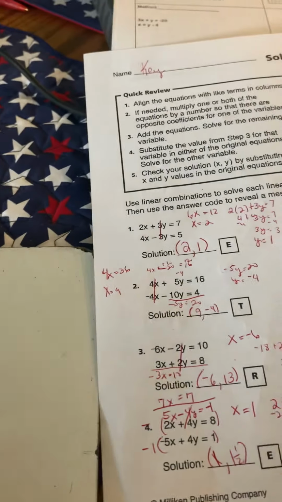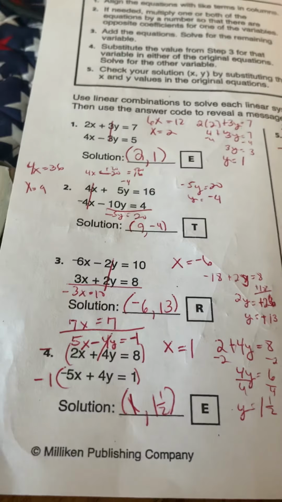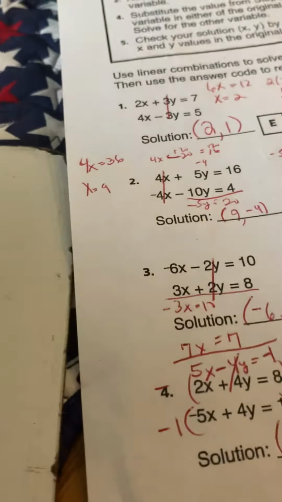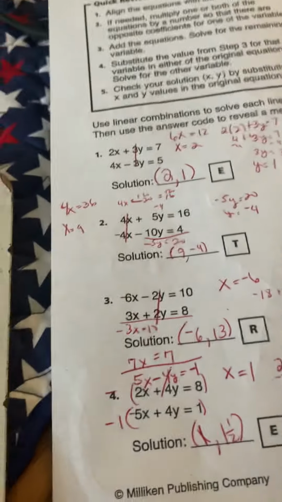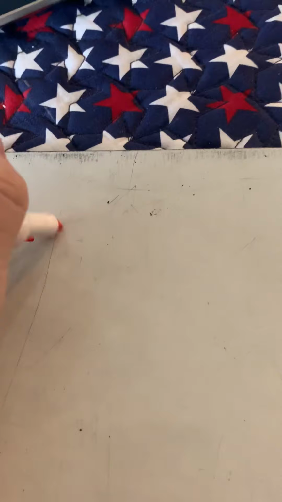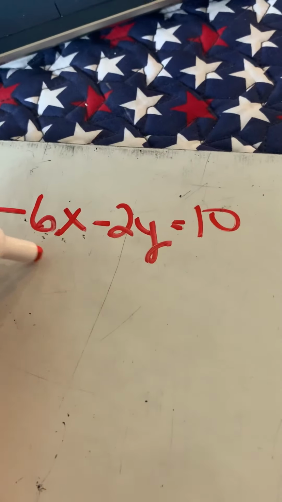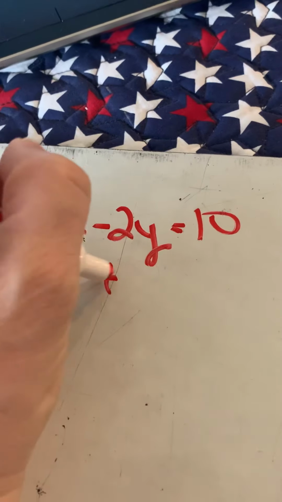I am going to switch dry erase markers because my black one is kind of going dead. The next problem is number 3: negative 6x minus 2y equals 10, and 3x plus 2y equals 8.